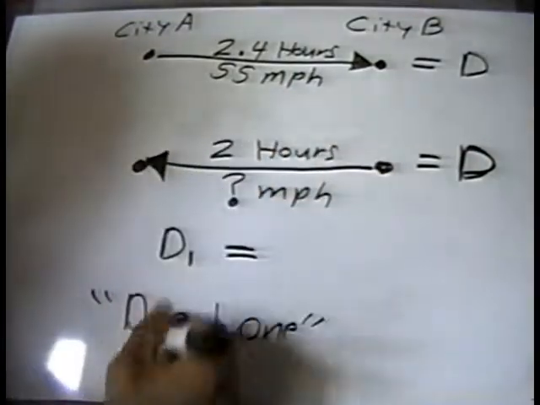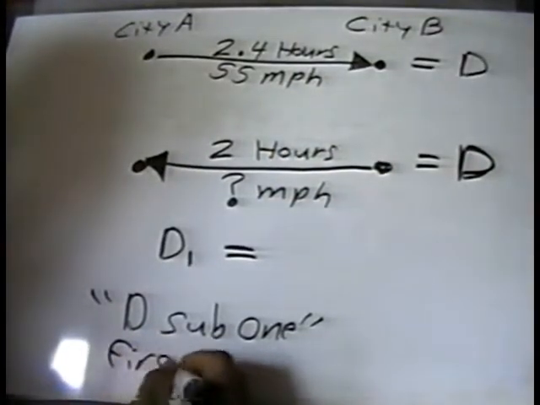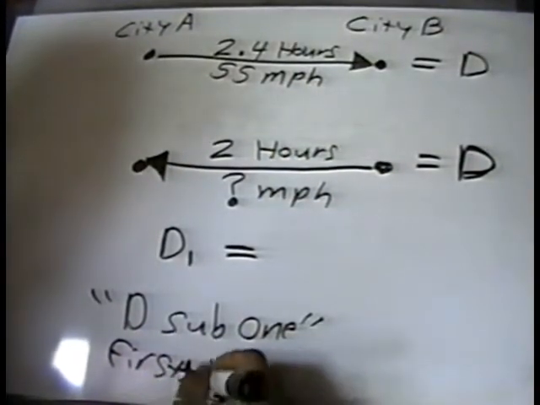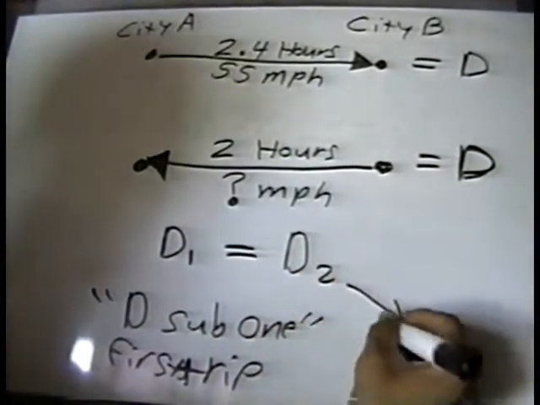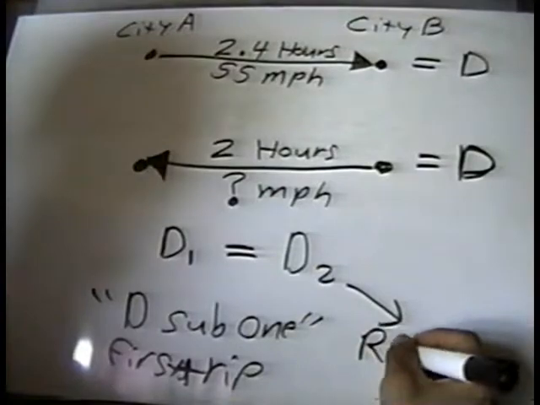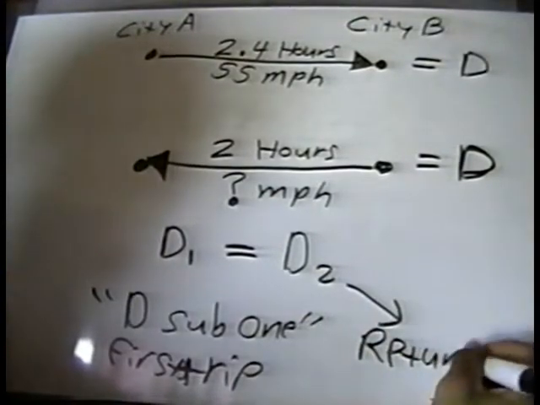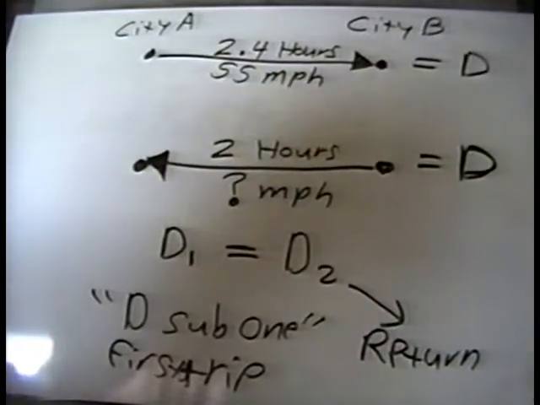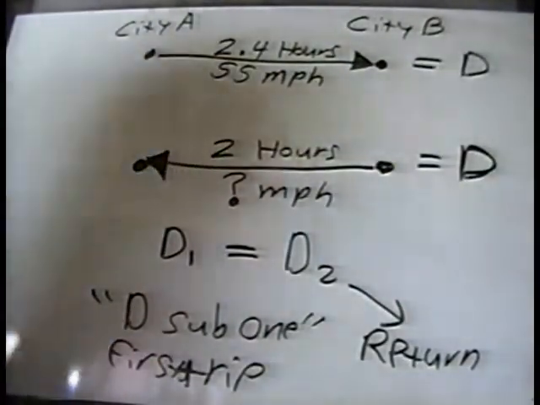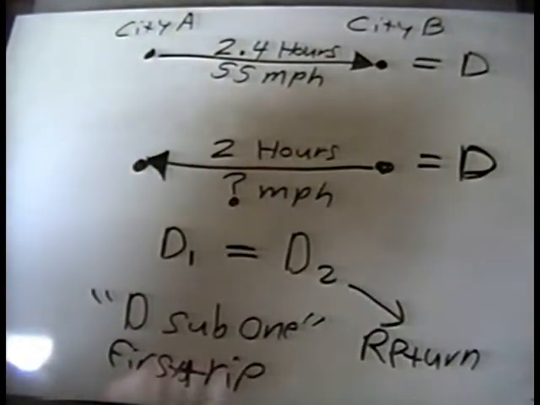Okay, so we use this fact that both are the same. We say D1, we'll say D sub 1 is read as D sub 1. We'll say that's the first trip. That represents the first trip.